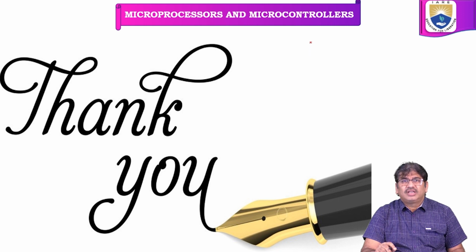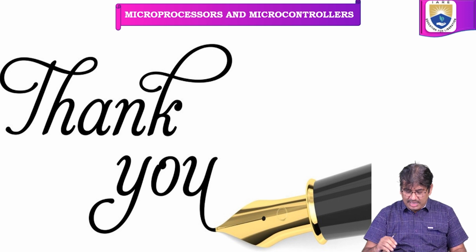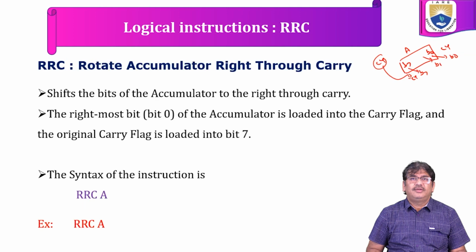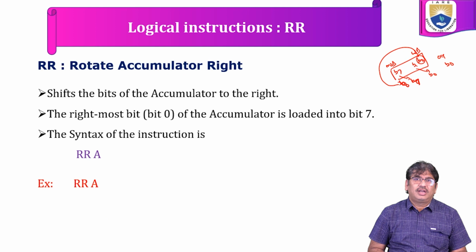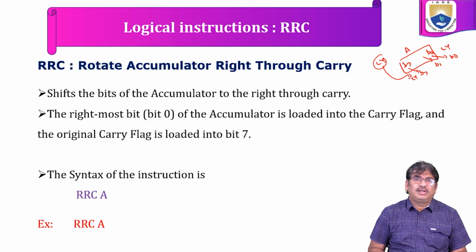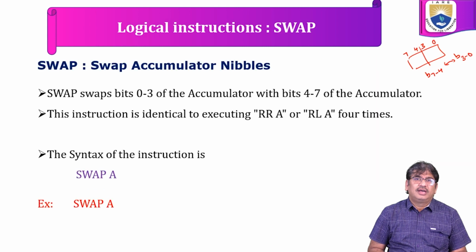After that, we have discussed a few shift and rotate operations like RL, rotate left, and RLC, for rotating through the carry towards the left side. Next we have discussed the RR instruction, which is rotate right accumulator, RRC, rotate right accumulator along with the carry flag, and the last instruction we have studied is SWAP.